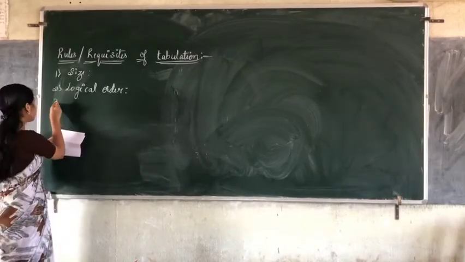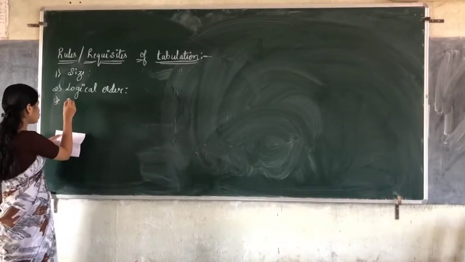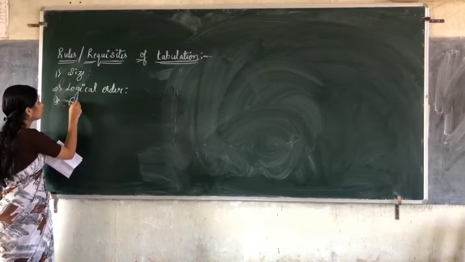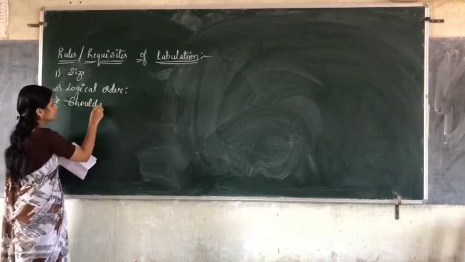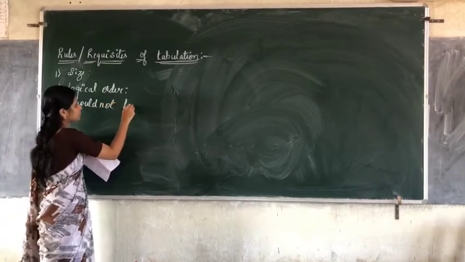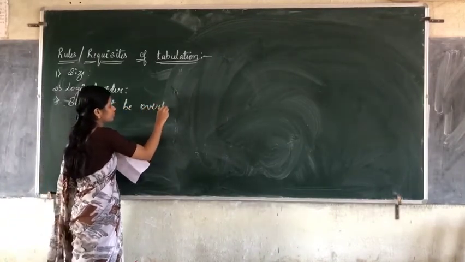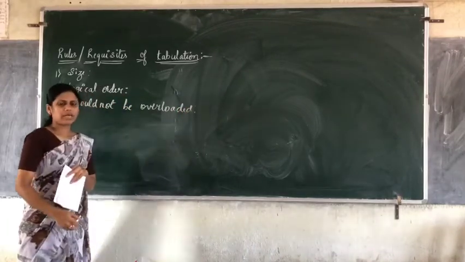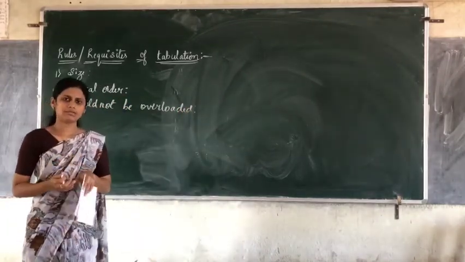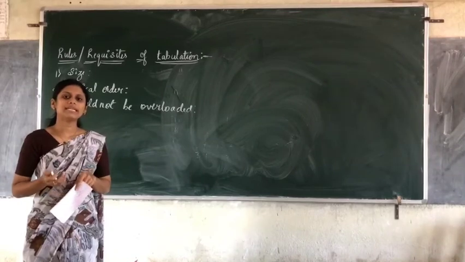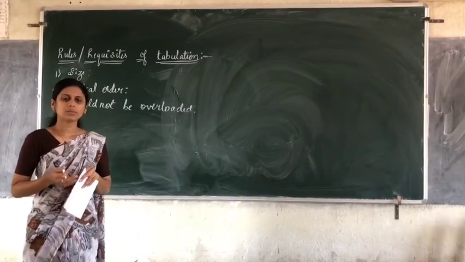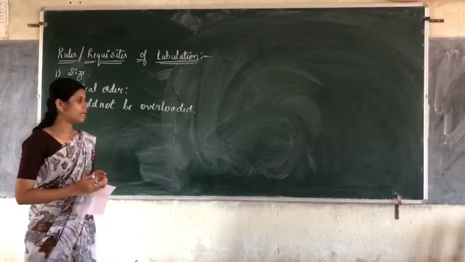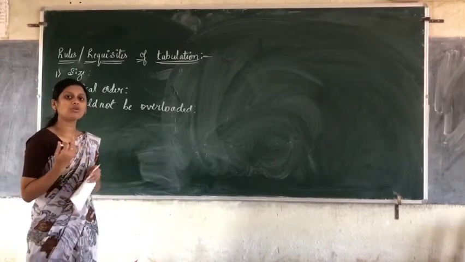Next, the third one is that the table should not be overloaded. Sometimes there will be huge data and you have to present that data in a table. Suppose you can't present the entire data in a single table, you can draw two or more tables.